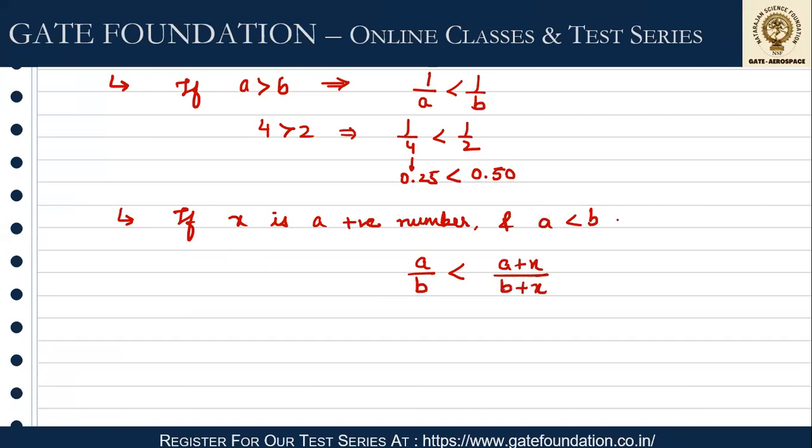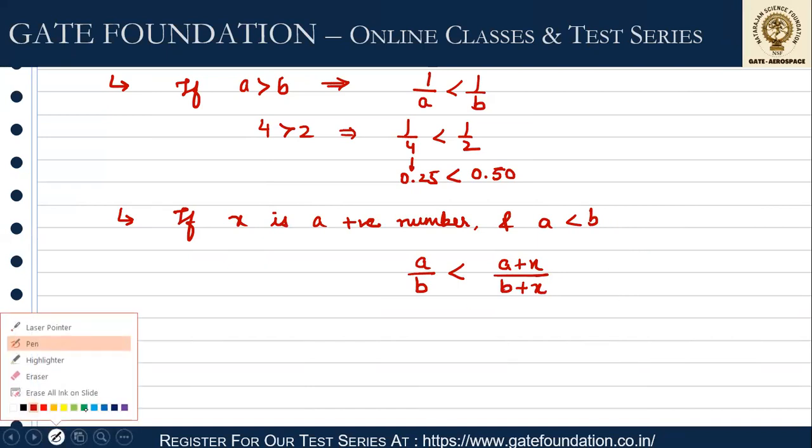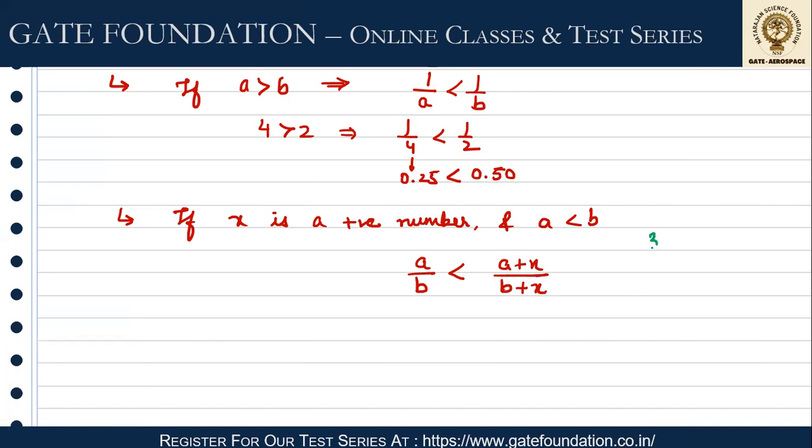Right. For example, let's take the example over here. If you want to find out which fraction is greater, 3 by 4 or 4 by 5. Instead of finding the LCM and solving this, you can simply see that 3 is increased by one to get 4, and 4 is increased by one to get 5.